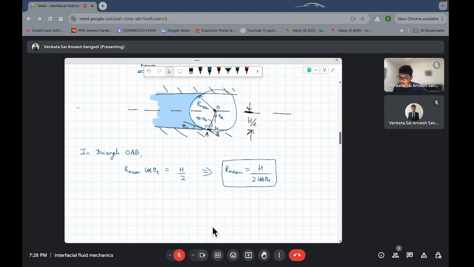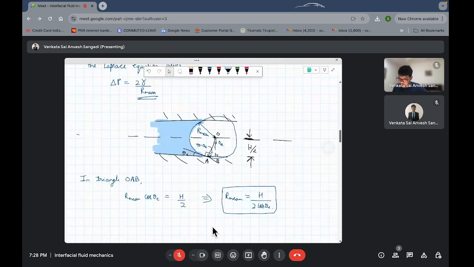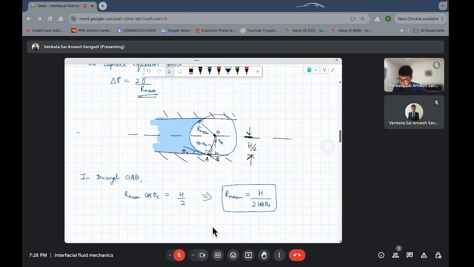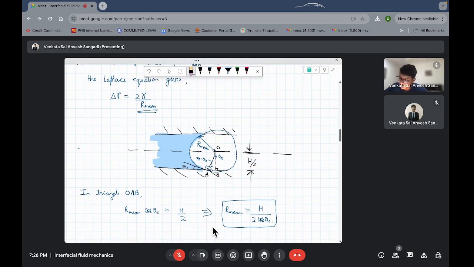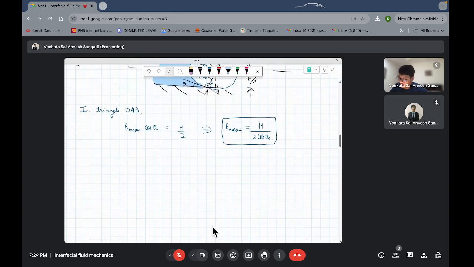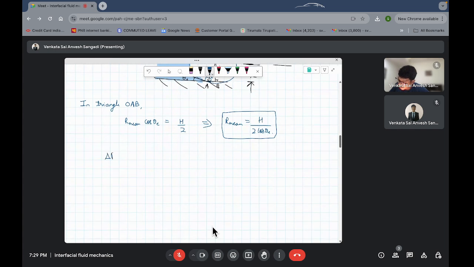Substituting this into our Laplace equation, I'm sorry, this Laplace equation doesn't have the 2. So substituting r mean into the Laplace equation, we have delta p is equal to gamma by h by 2 cos theta e.